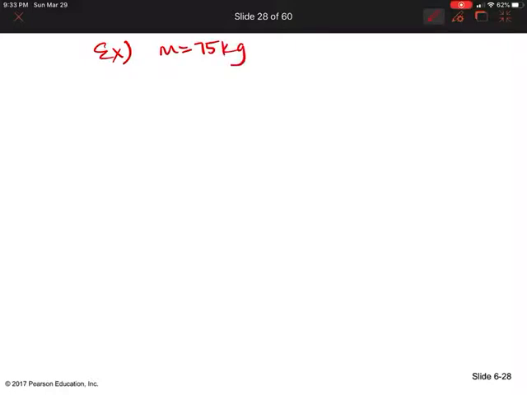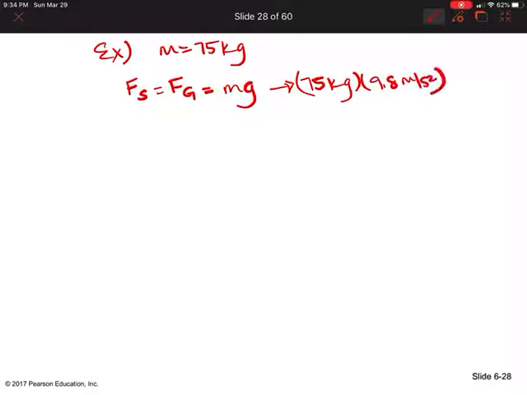Okay, well, we said that the force of the spring was equal to the force of gravity. Well, force of gravity is mass times gravity. So 75 kilograms times 9.8 is going to give you a force of 735 newtons.